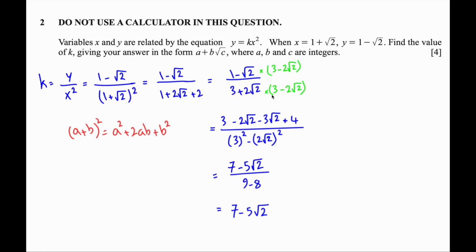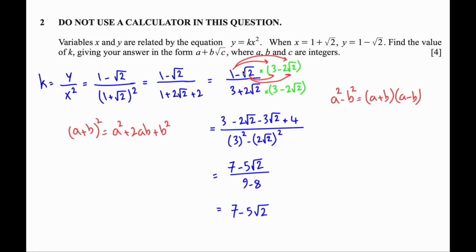So you go ahead and multiply top and bottom by this 3 minus 2 square root of 2. The denominator basically is nothing but the first term squared minus the second term squared, because you can use another famous identity, which is difference of two squares.